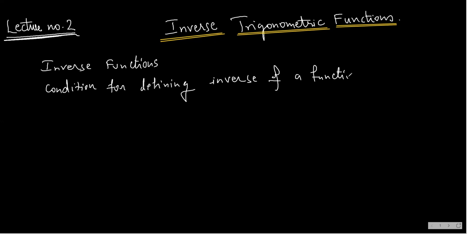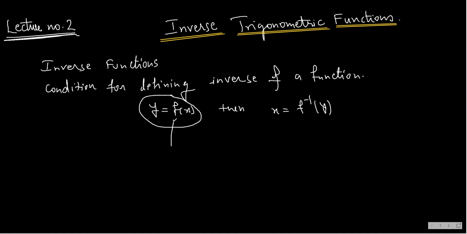That is, if you have y equal to f of x, then you can have x equal to f inverse y if and only if this function f is 1-1 and onto.